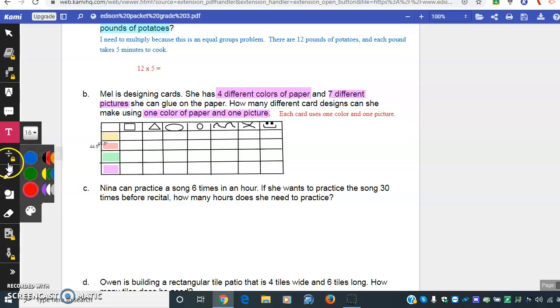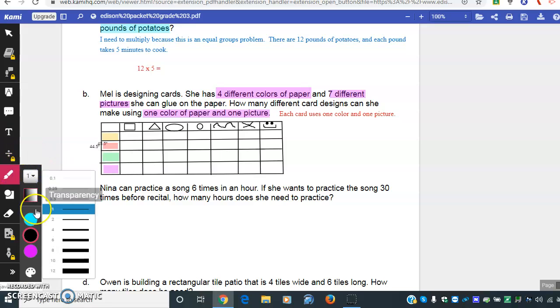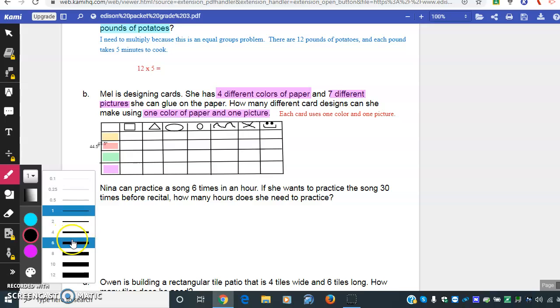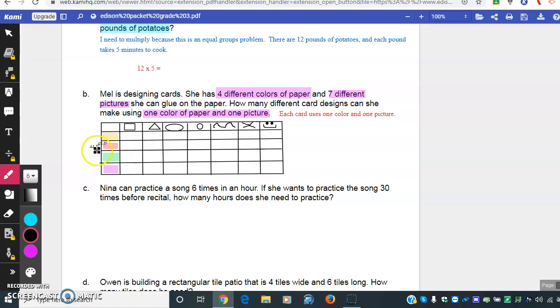Now, I know that the story never said she has 4 pieces of paper only. The story said that she has 4 different colors. She could have lots of yellow, lots of red, lots of green, and lots of purple. And in order to do this, she's actually going to use a yellow piece of paper to make a card with a rectangle on it.